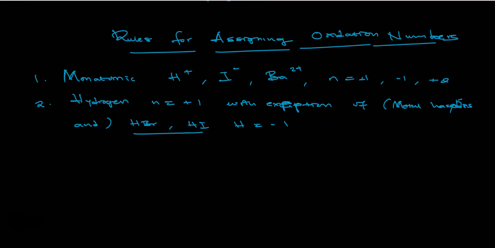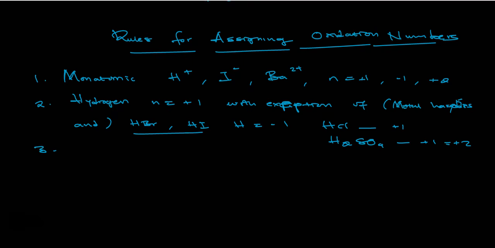But in compounds like hydrochloric acid, it will be +1. Sulfuric acid, always +1. We even multiply by 2 here, so it will be +2. So these laws you need to know by heart.